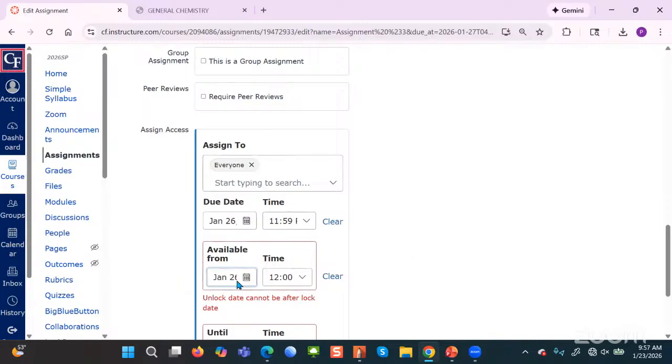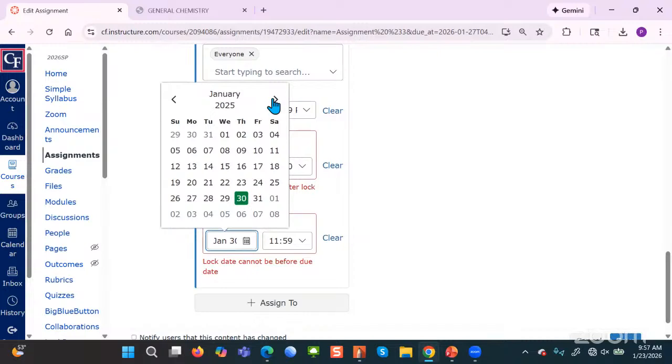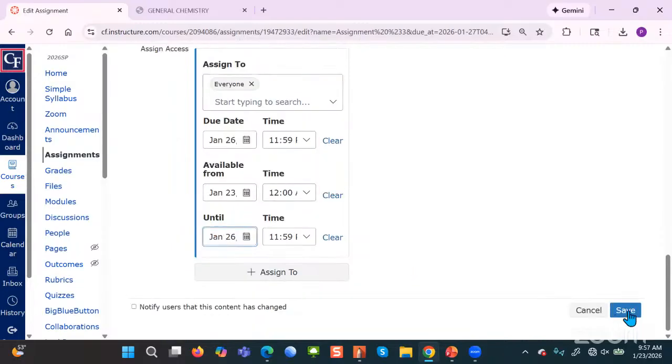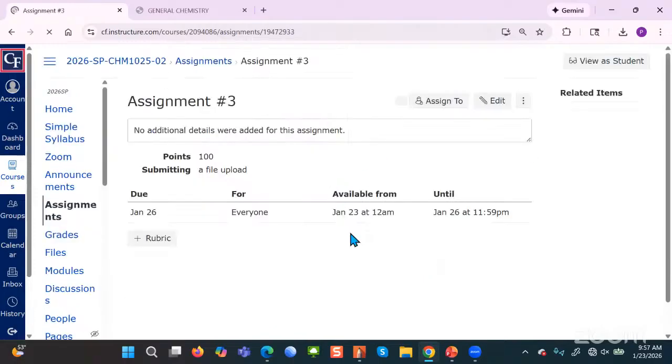Okay, and let me save this. Okay, so now the Dropbox is available. Make sure that you submit your assignment by midnight on the 26th, which is Monday.